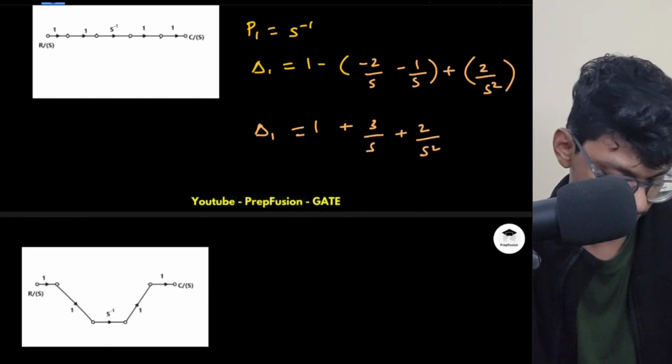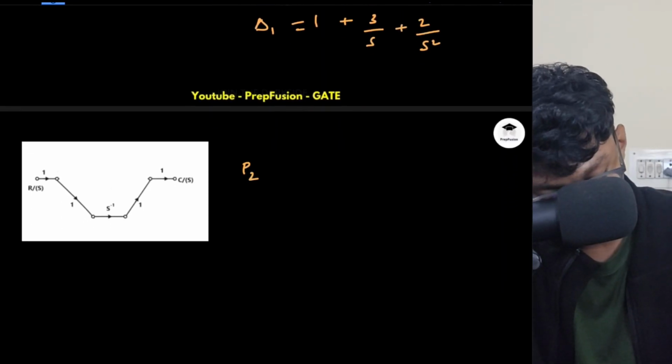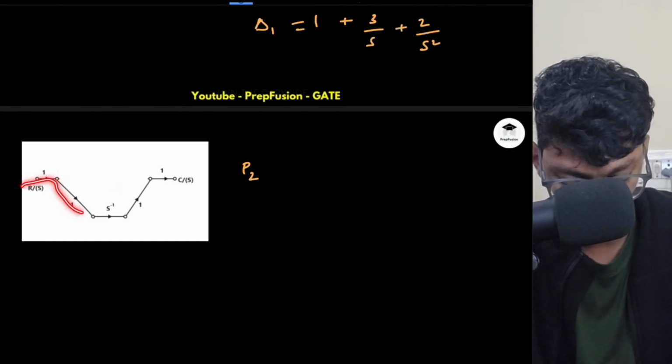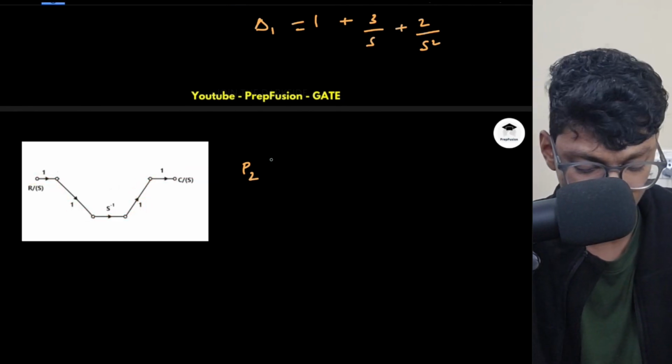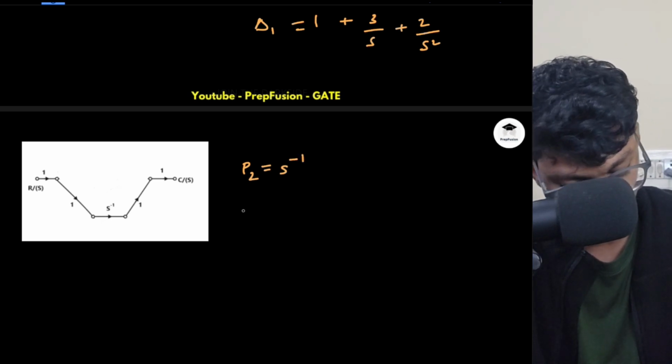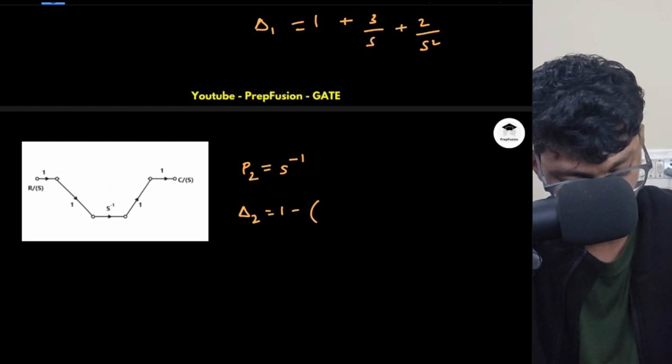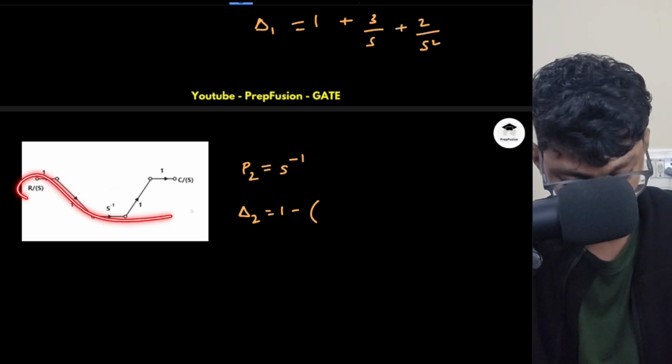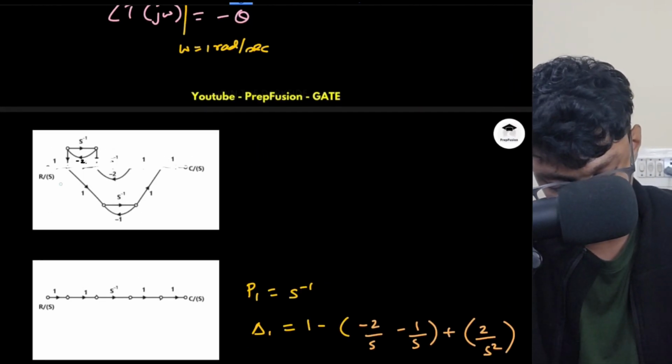What about the second forward path gain? If I calculate the second forward path gain, P2 is simply equal to S inverse. Delta 2 equals 1 minus the sum of individual loop gains excluding this forward path, right?